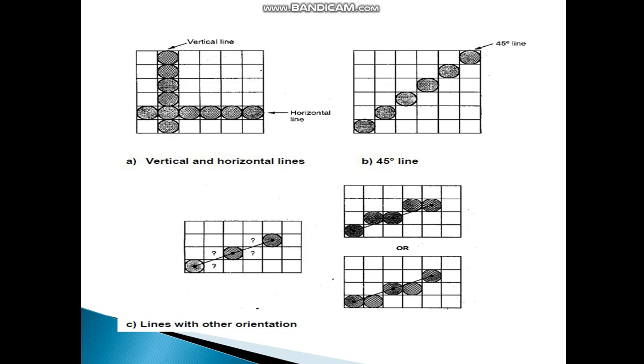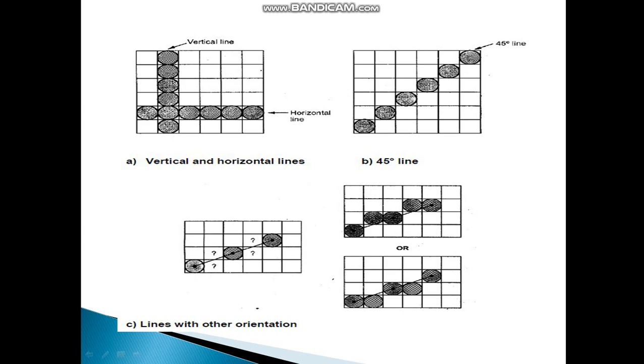Here you see the first image, that is vertical and horizontal lines. This one is a vertical line and this is the horizontal line. Then second, this is the 45-degree line.